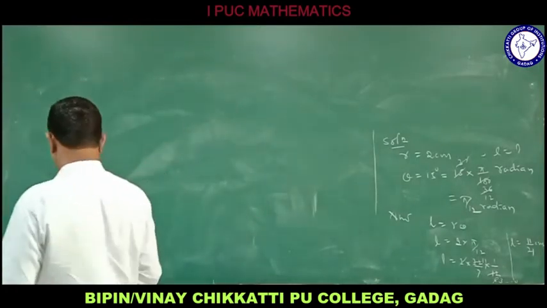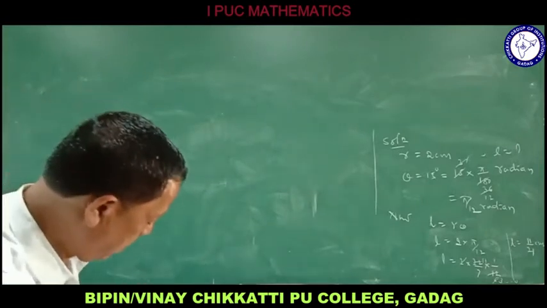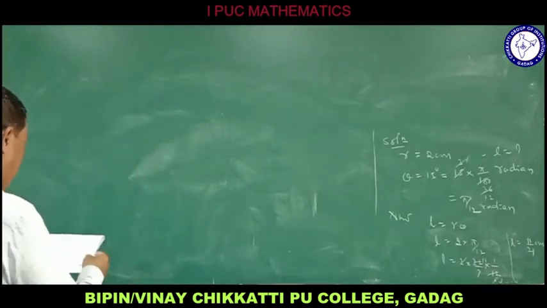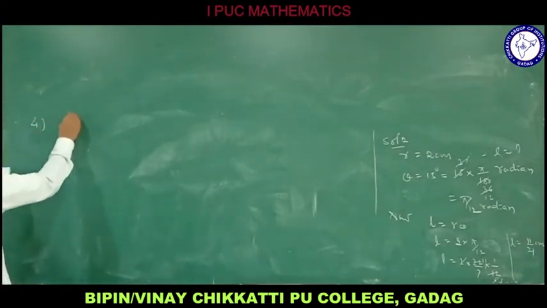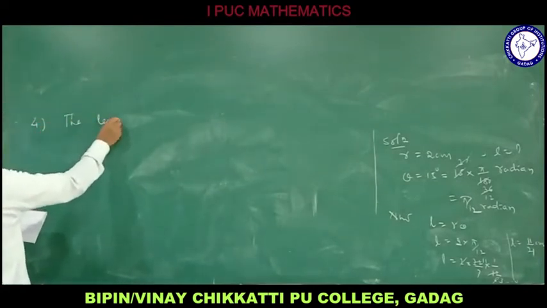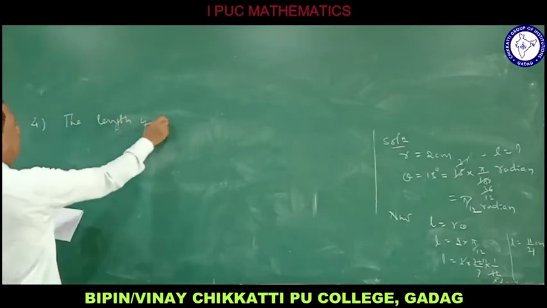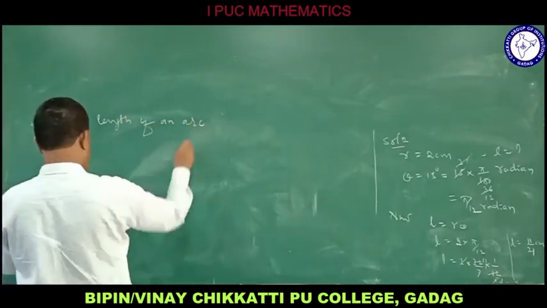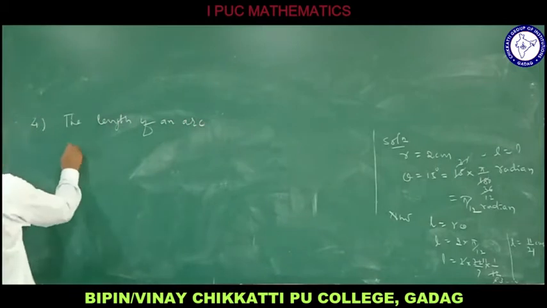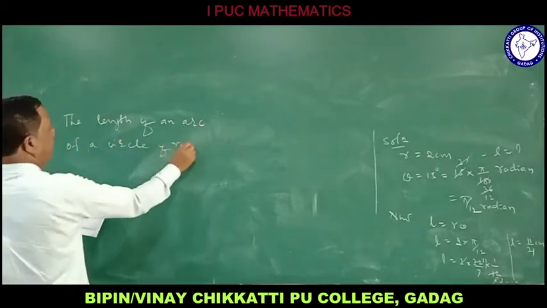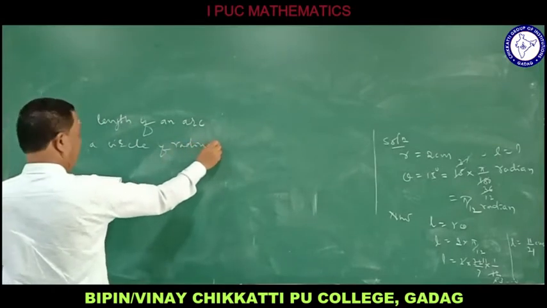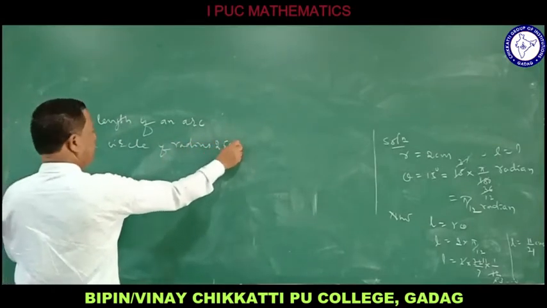Now I told one more question here. Number 4, I want to see the length of an arc. The length of an arc of a circle of radius 25 centimeter.